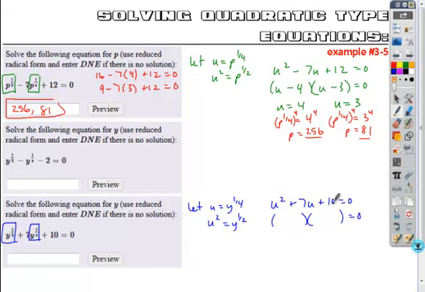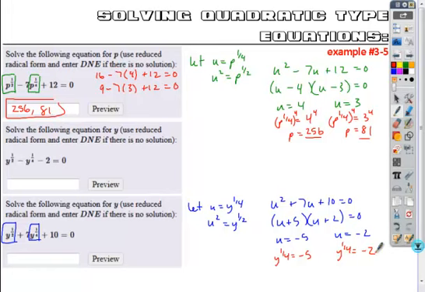The factors of 10 whose sum is plus 7 are plus 5 and plus 2. So your two solutions when you solve for u are -5 and -2, which means when you plug your y's back in, y to the 1/4 equals -5 and y to the 1/4 equals -2.